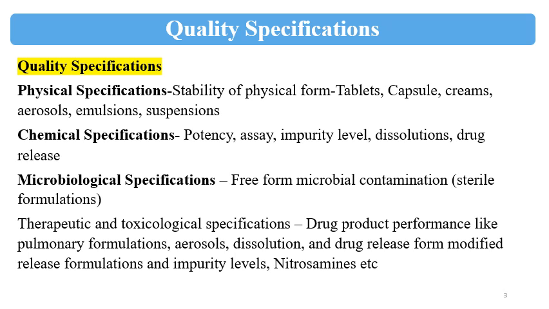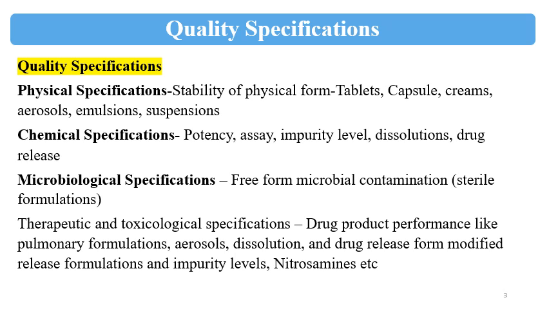Therapeutic and toxicological specifications. Out of these specifications, if you consider the therapeutic and toxicological specifications, these include drug product performance, like pulmonary formulations and aerosols, dissolution and drug release for modified release formulations, and impurity levels.